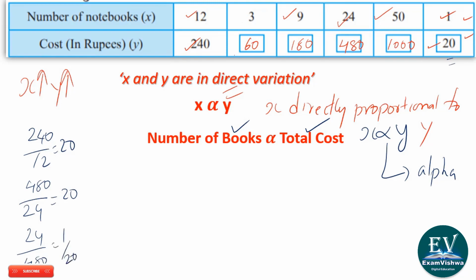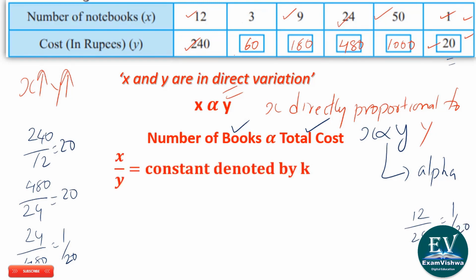Even in this case, if you are dividing 12 by 240, you will get 1 upon 20. So from this we know that when we divide x by y, we get a constant, which is denoted by k. That means we can write that x upon y is k, a constant.